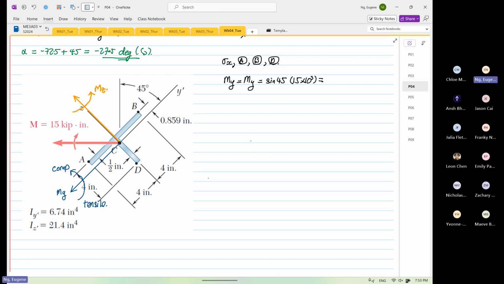Okay. So sine 45 times 15 times 10 to the power 3 is equal to 10.607 times 10 to the power 3 pound inch. Okay.